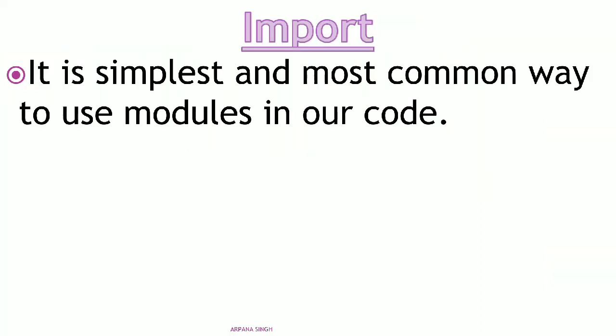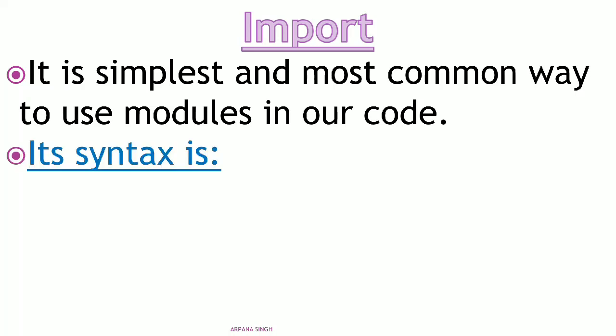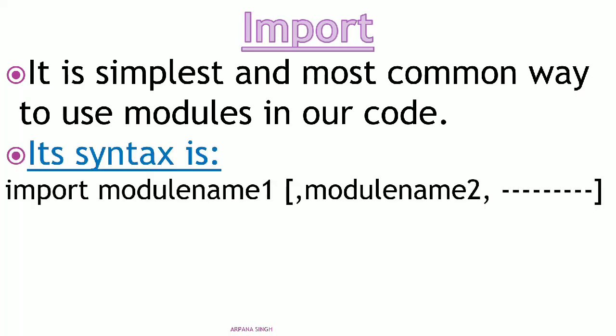First, import. It is the simplest and the most common way that we use when we want to use modules in our program. The syntax or format of using import is import followed by the module name. If you want to include only one module, import module name. If you want to use multiple modules, you can use separate import statements, or you can write import module name 1, comma, module name 2 and so on.